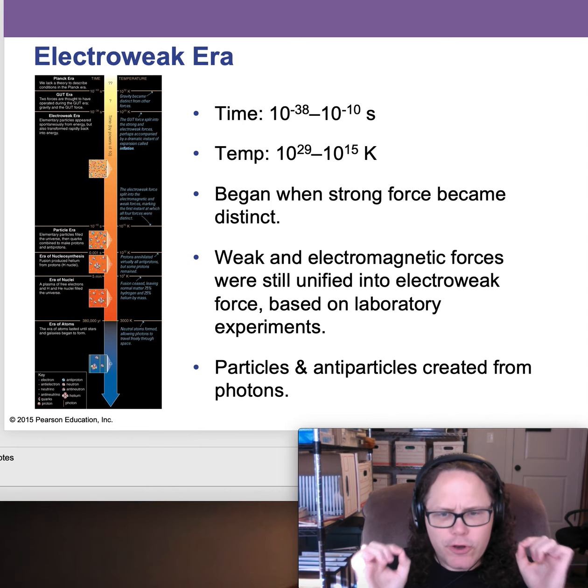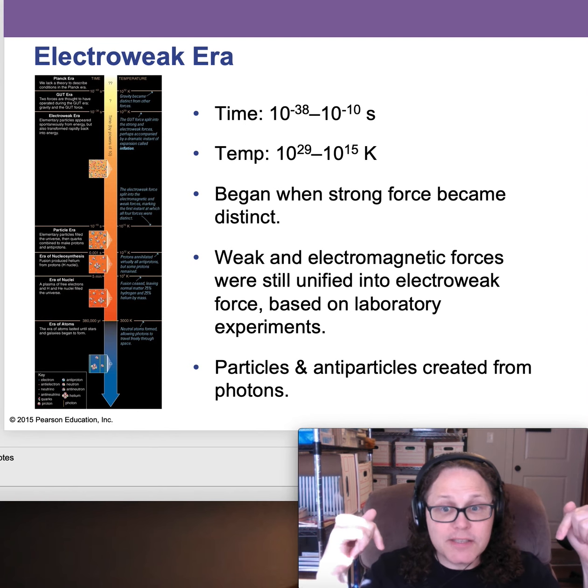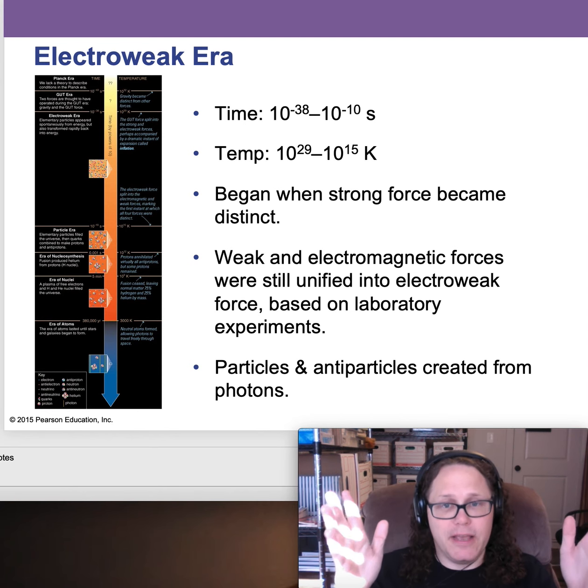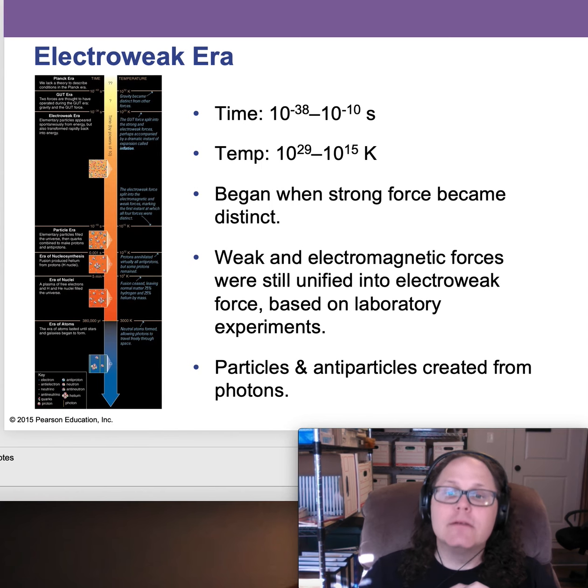We can reproduce the conditions in the universe in laboratories 1/10 billionth of a second after the Big Bang, where the universe dropped down to 10 to the 15 Kelvin, 10 to the 15 degrees, 1 with 15 zeros after it. That is a quadrillion degrees. We can, briefly, reproduce these temperatures in laboratory.